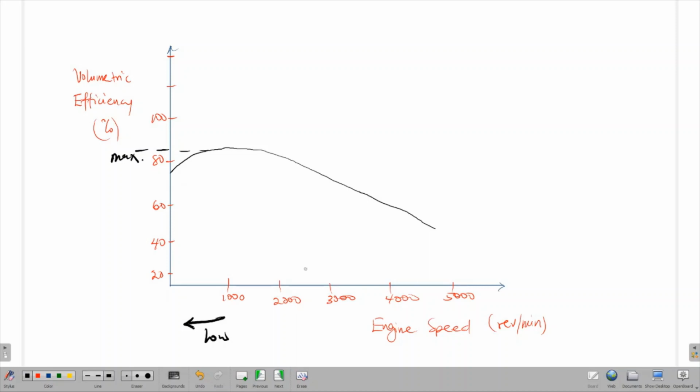This is due chiefly to the valve timing being designed for a moderately high speed. Beyond its maximum value, it decreases more and more rapidly as the speed increases.